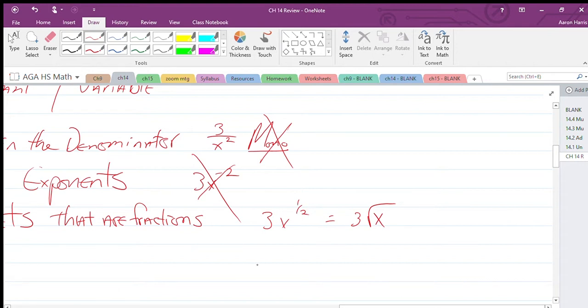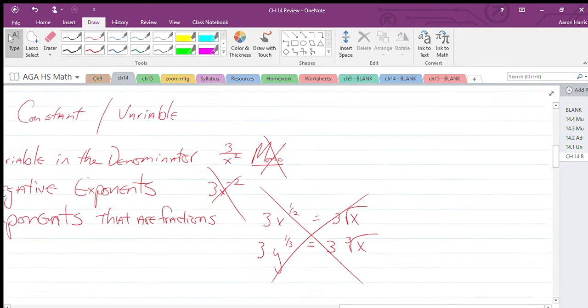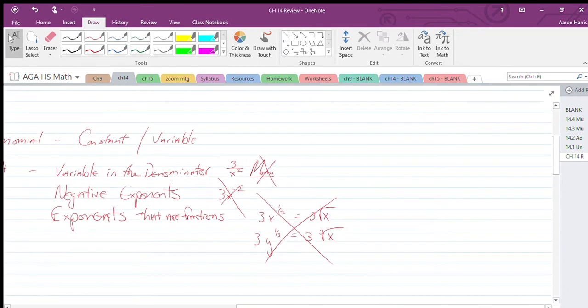I could have 3y to the 1/3. That's really 3 cube root of y, okay? So these are not allowed to be monomials. So they can't construct our polynomials as we go through, okay?